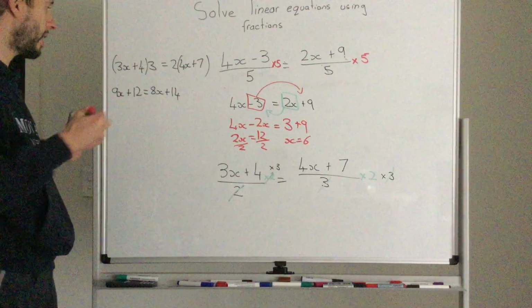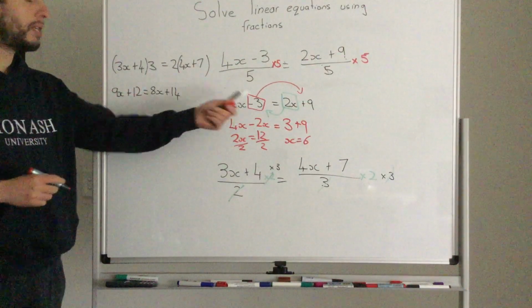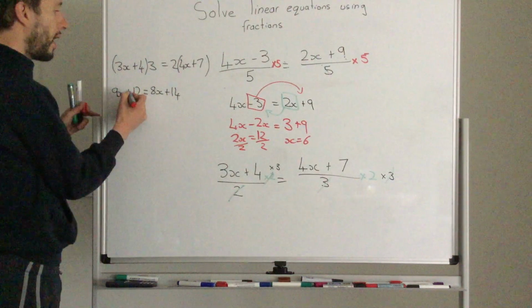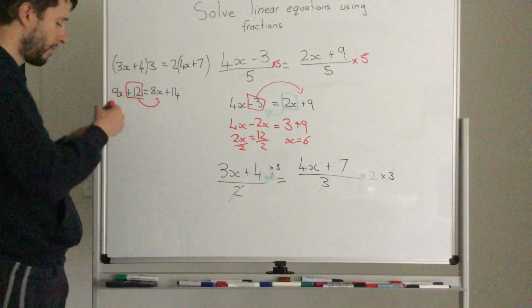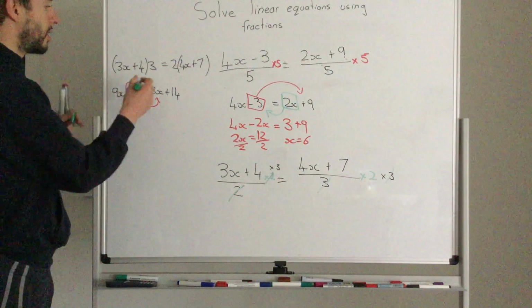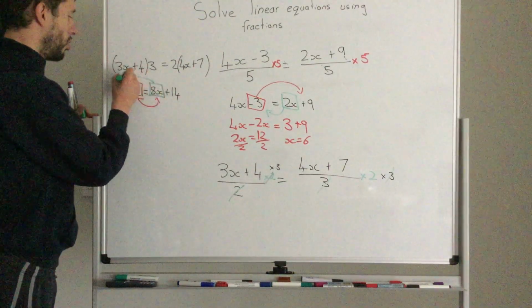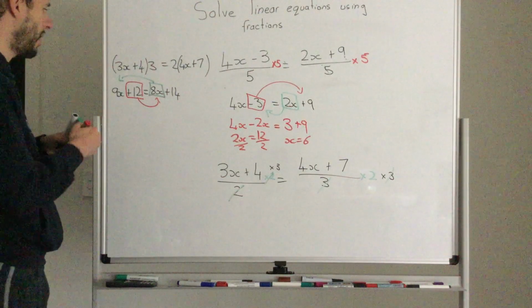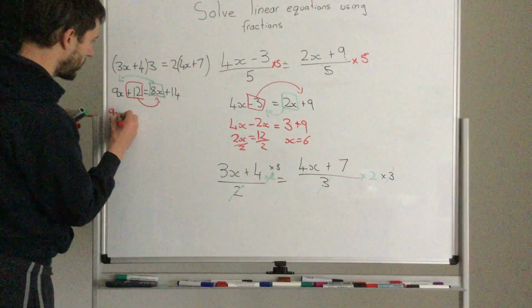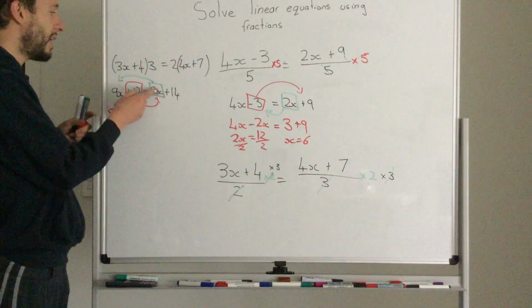Okay, so now we need to, like we did before, get the like terms together. So I would like to take the 12 onto this side, and I would like to take the 8x onto this side over here. So to do that, I need to think about, I'm starting with 9x. I would like to get 8x to this side.